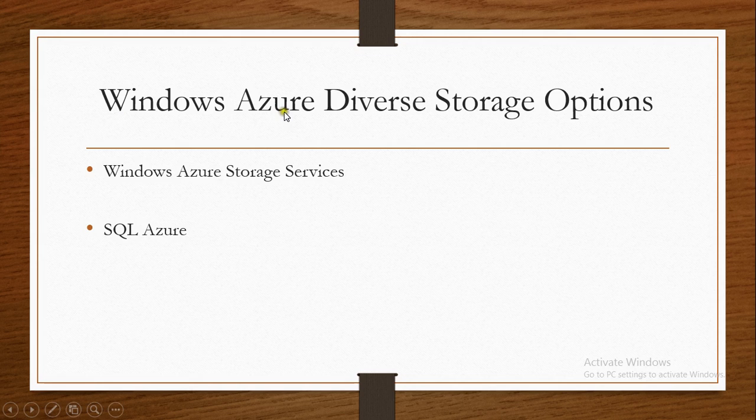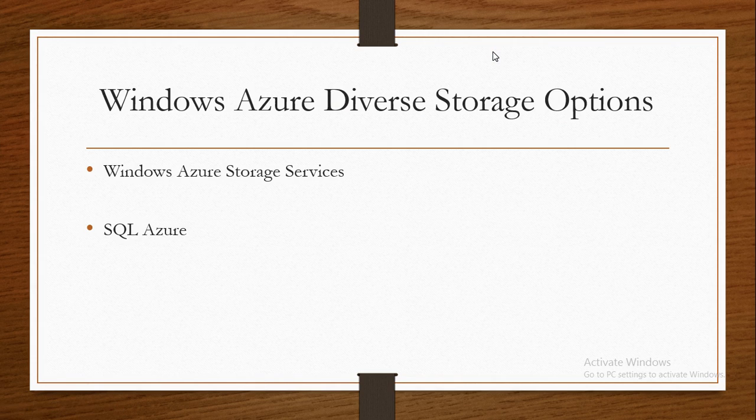So it's becoming very easy with Windows Azure. And moreover, they have a very important option called storage options, wherein whatever you store on the on-premise device, you can also put on your cloud and store it.